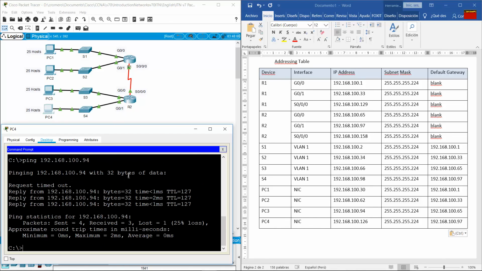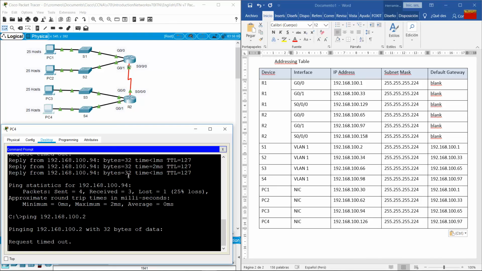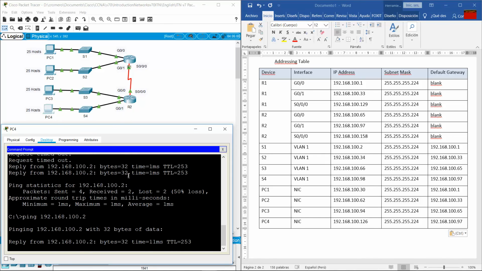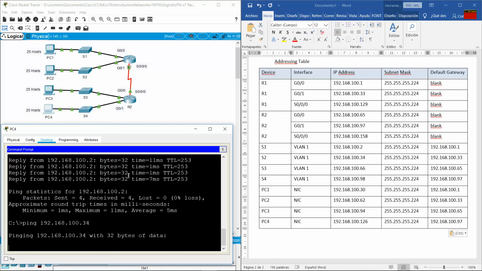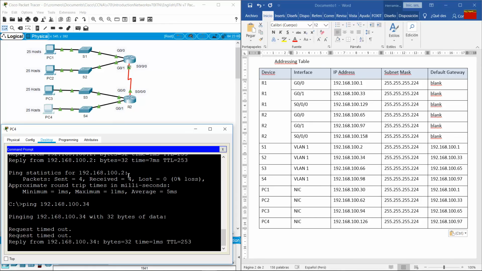Very good. Switch 1, S1, 102. Success. Repeat. Very good. Switch S2, 34. Success.